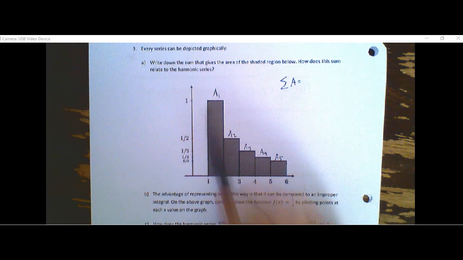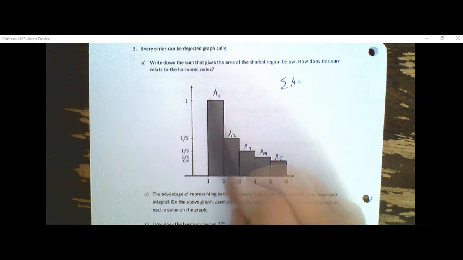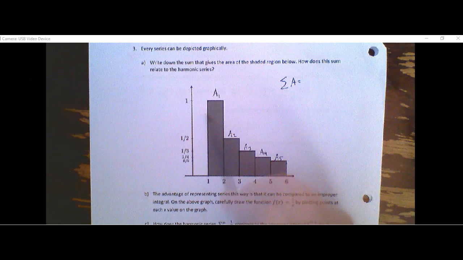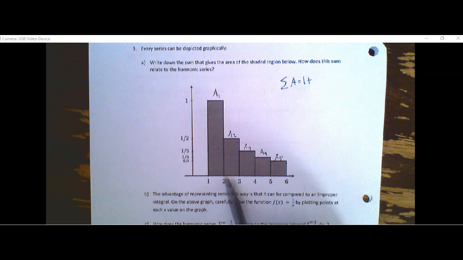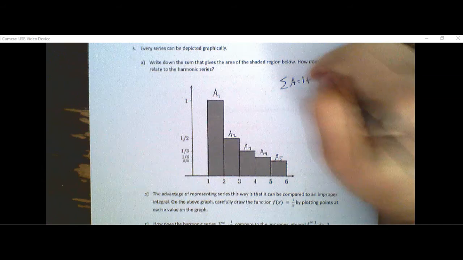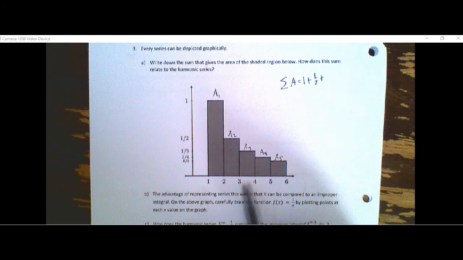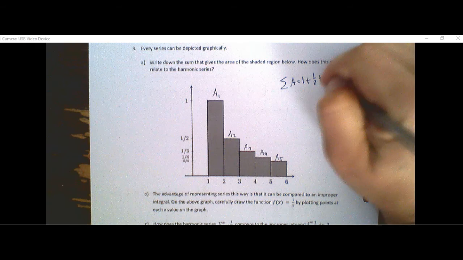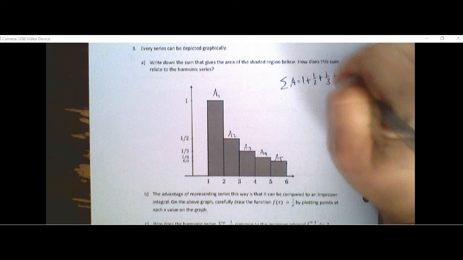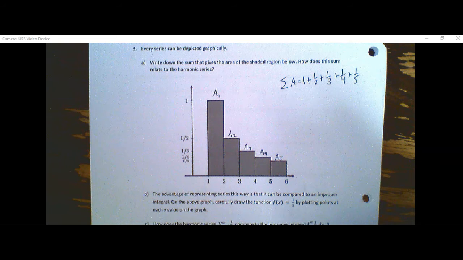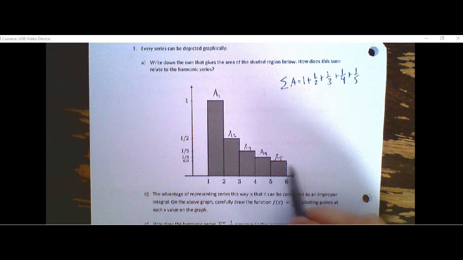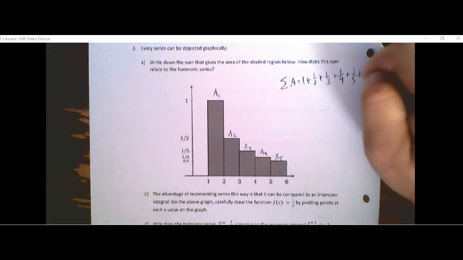Well, what's the area of this first rectangle? Well, that's 1 times 1, or 1, plus 1 times a half, which is a half, plus 1 times a third, and a fourth, and a fifth. Right? And then, of course, we'll just keep going.